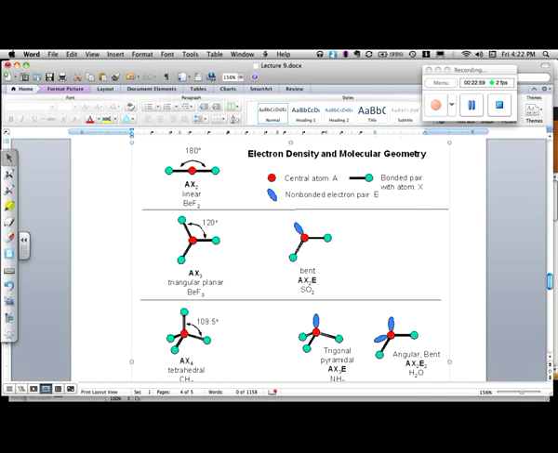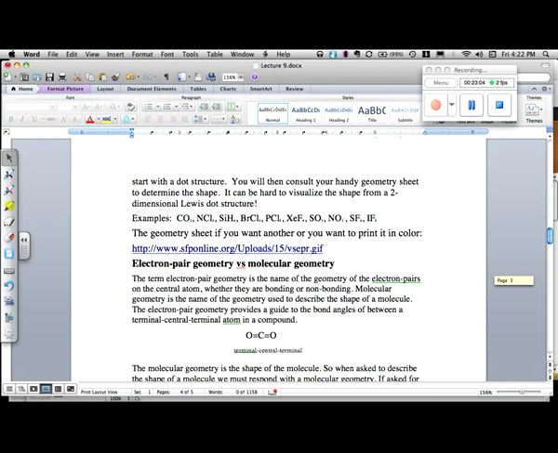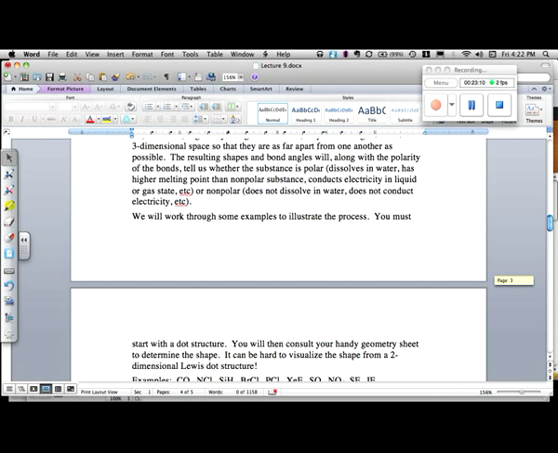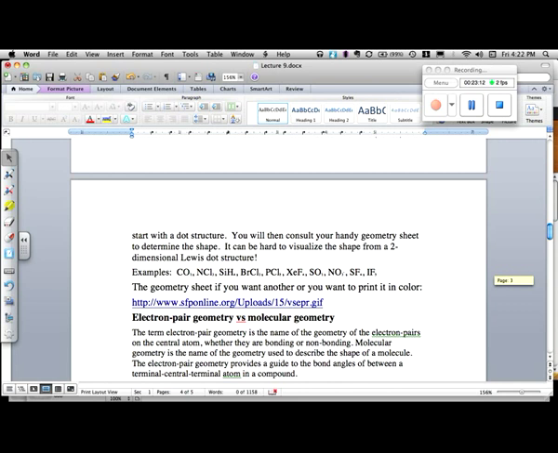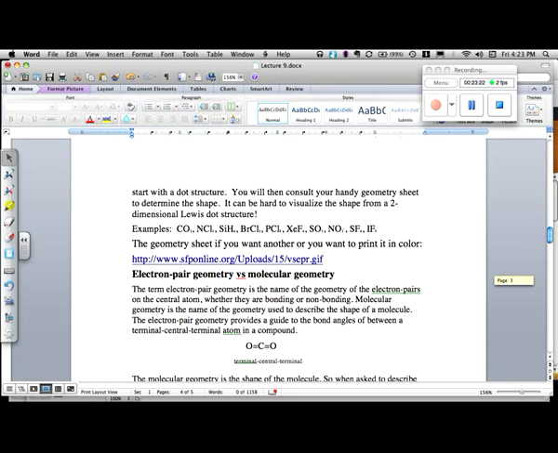All right, let's scroll back up, talk a little bit more about what we're going to do with this. So we are going to draw the Lewis dots first, and then we're going to use this geometry sheet to predict the shape. And then after we get finished with that, we are going to then, in lecture 10, apply the idea of polarity to the molecules.